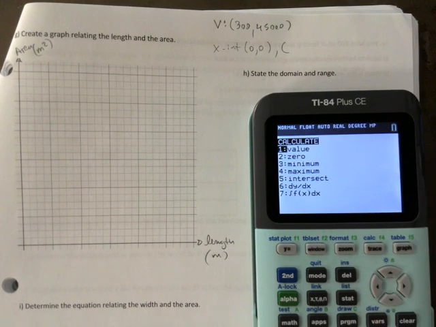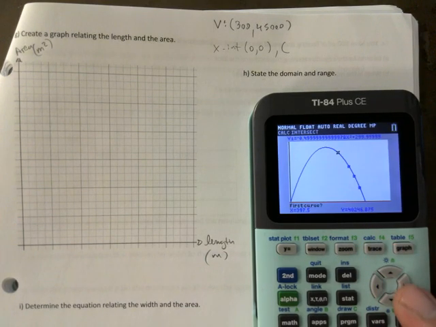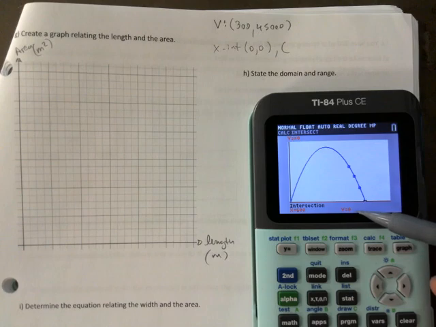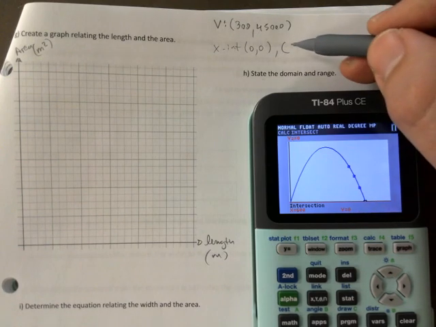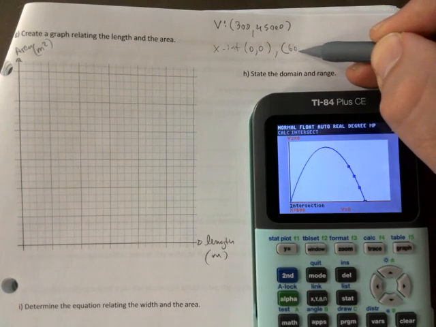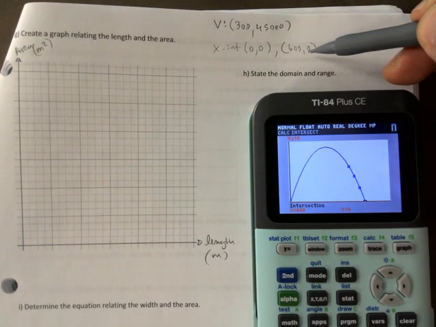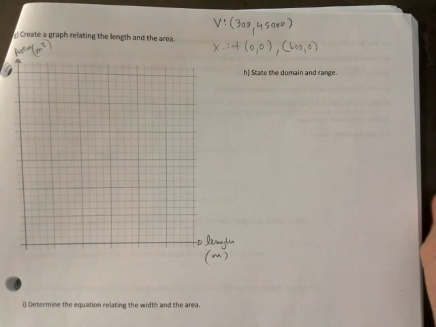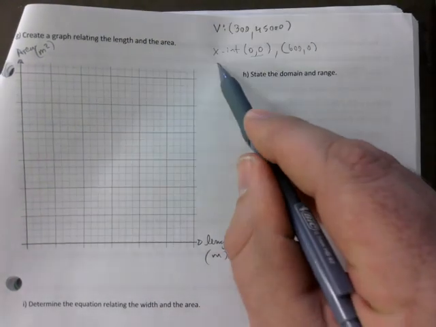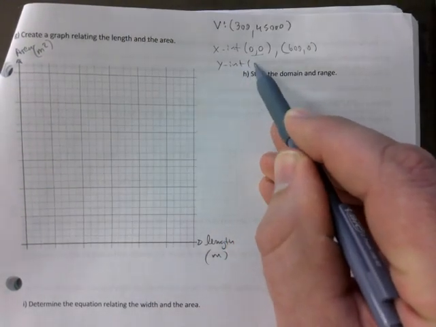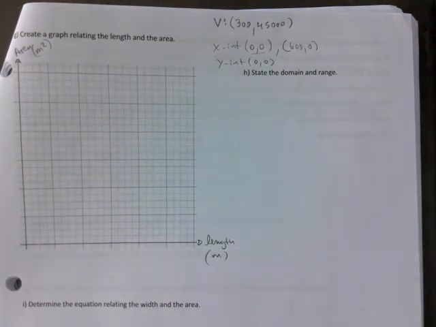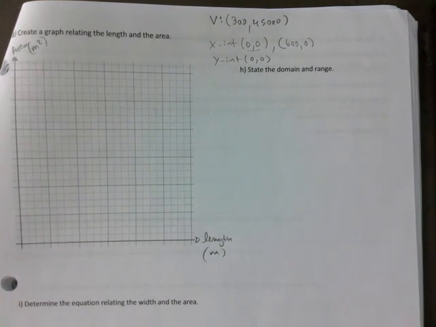And then let's go find. If you're not sure what the first one is, you can go ahead and double check. But so 600, 0 is the one on the far right. That's the other x-intercept. Vertex, x-intercepts, and the y-intercept is given away by the first x-intercept. It's also 0, 0, so that's an easy one there.